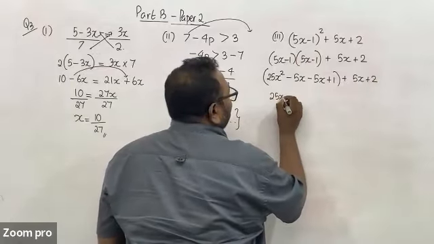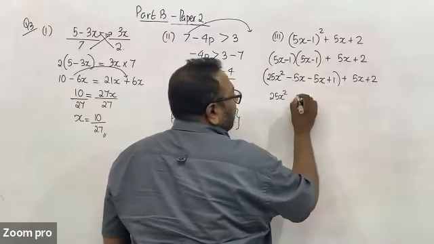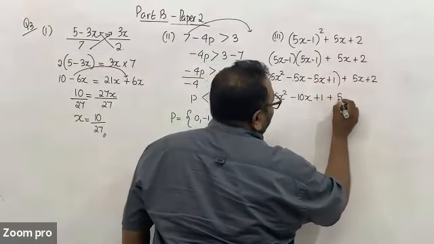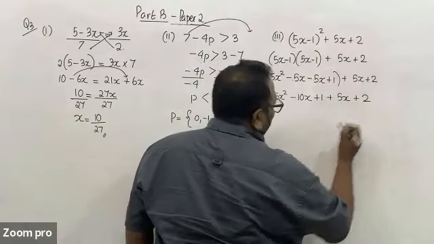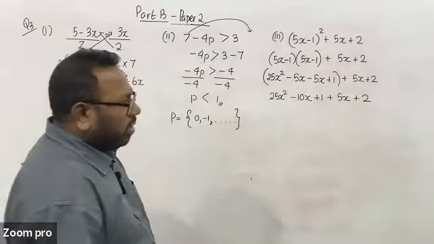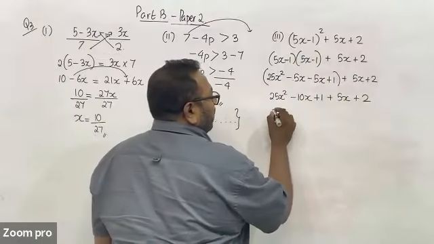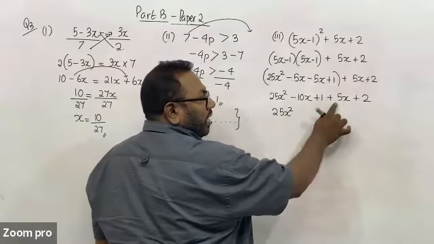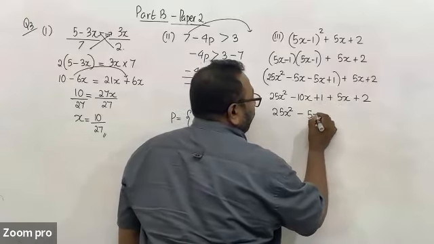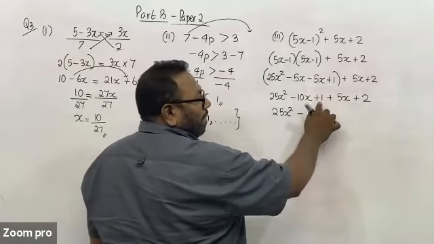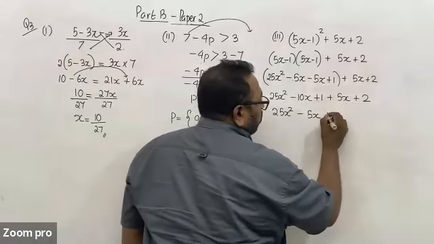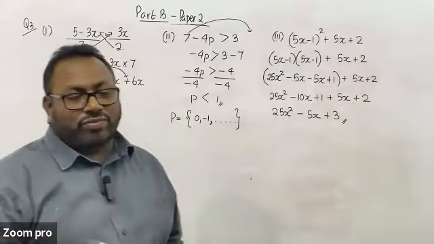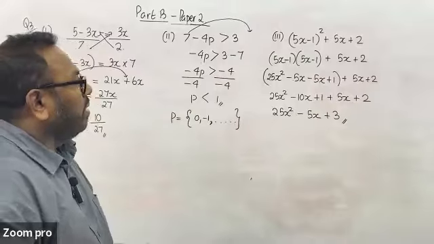You have 25x squared minus 5x minus 5x, minus 10x, plus 1, plus 5x plus 2. Take the like terms: 25x squared minus 10x plus 5x, minus 5x, plus 1 plus 2, plus 3 is your final answer for question number 3.